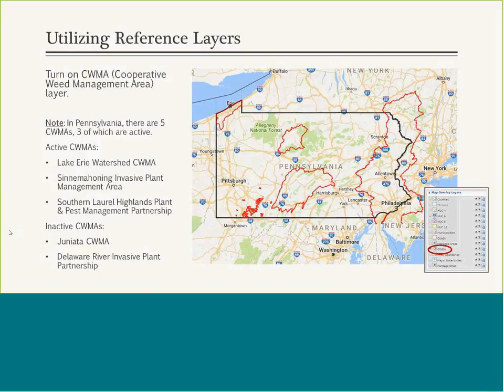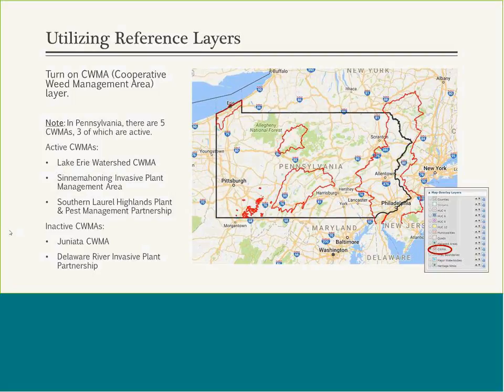There are the cooperative weed management areas, and in Pennsylvania, we do have 5 CWMAs, and 3 of those CWMAs are active. Those are the Lake Erie watershed, the Mahoning, which is in the north central part of the state, and the Southern Laurel Highlands Plant Management Partnership, which is the small dots you see down in the southwestern corner of the state.